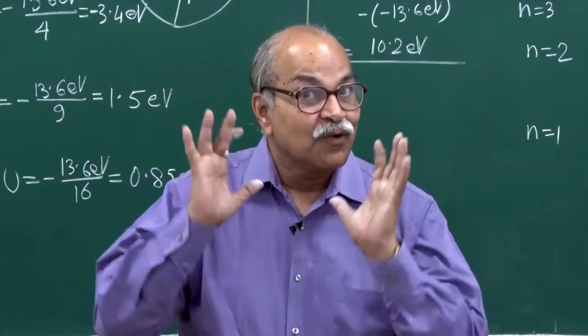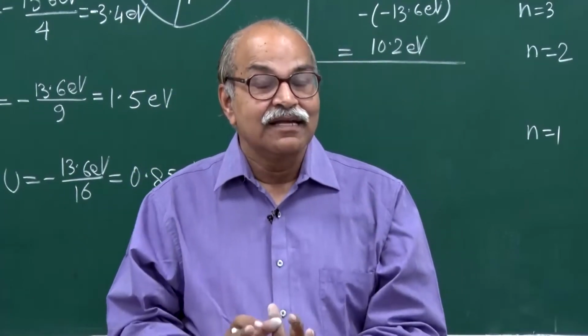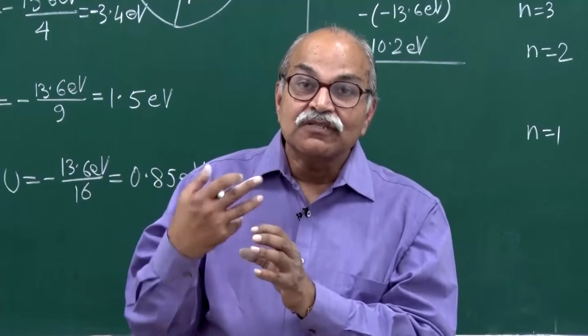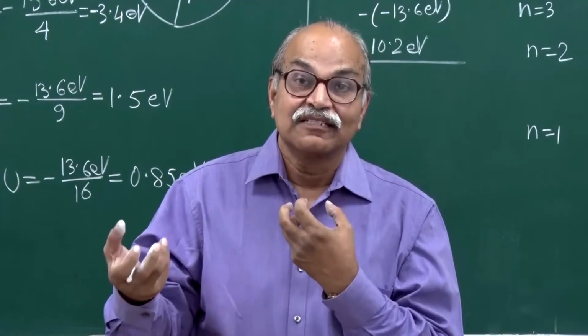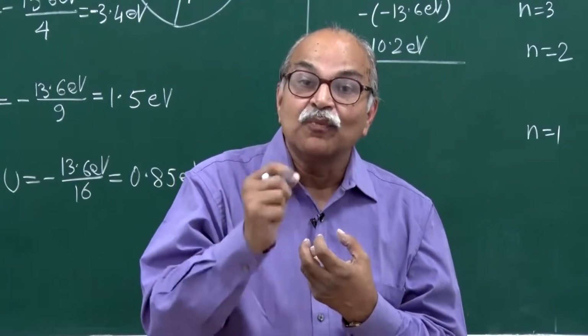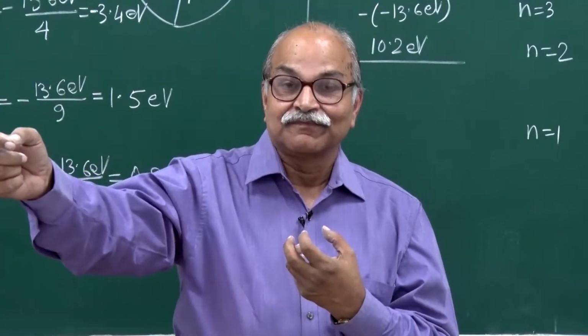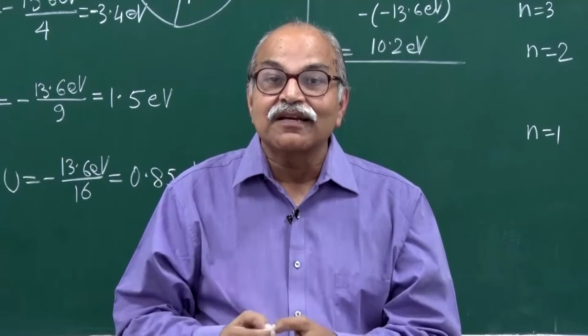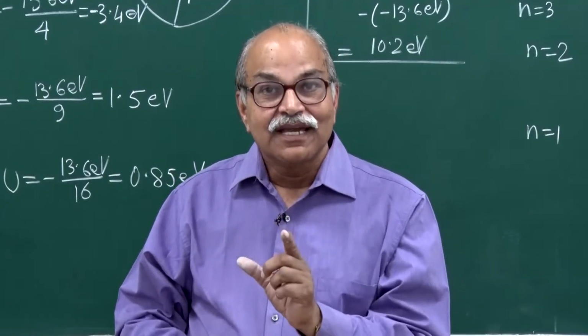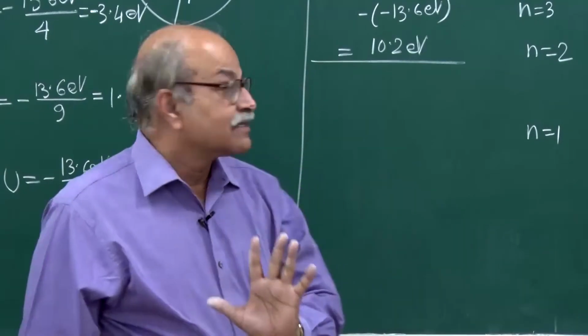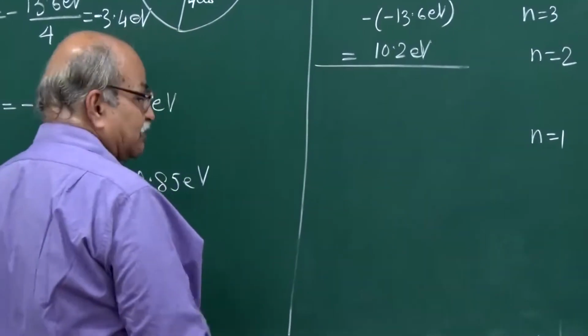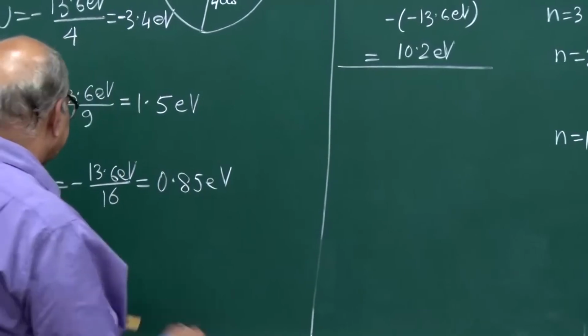So this is another quantum physics idea. Light sometimes shows up as a collection of particles. You can count how many particles are there, and each particle has an energy and a linear momentum, particle characteristics. So let me write that.